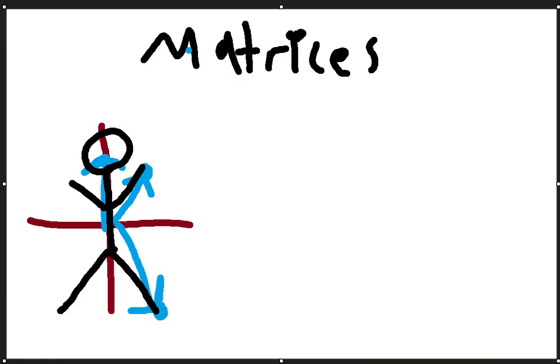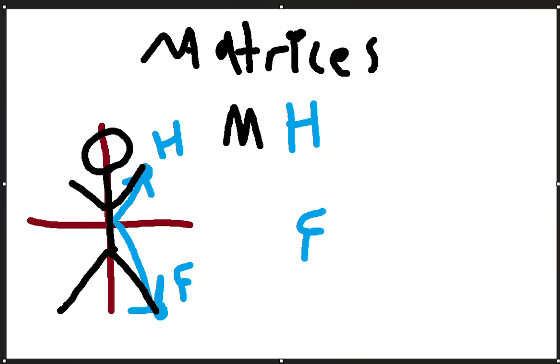I'm just going to keep it simple, and we're only going to focus on the hand. So this is the hand vector, and this is the foot vector. So we have H and F. Well, we can actually apply some matrix to both of these, and that will give us new vectors.